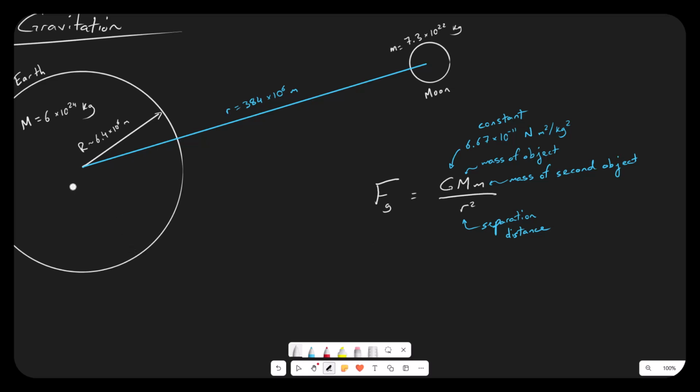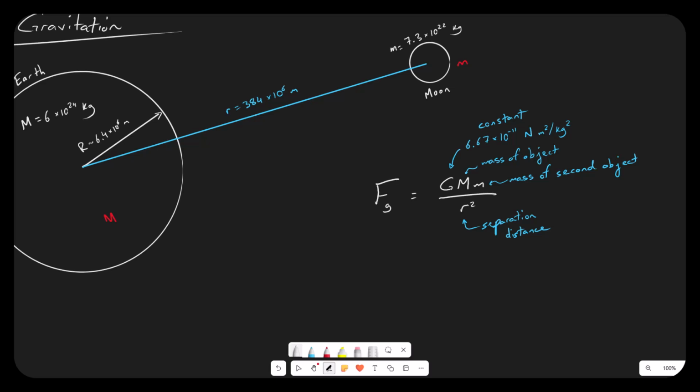Whatever force the Earth is exerting on the moon, the moon is exerting the same force back. But if I'm doing a problem where I want to find some information about the moon, like the force on the moon, the acceleration of the moon as it moves around, or the orbital speed, then I will call this my lowercase m and say it's due to this big M.